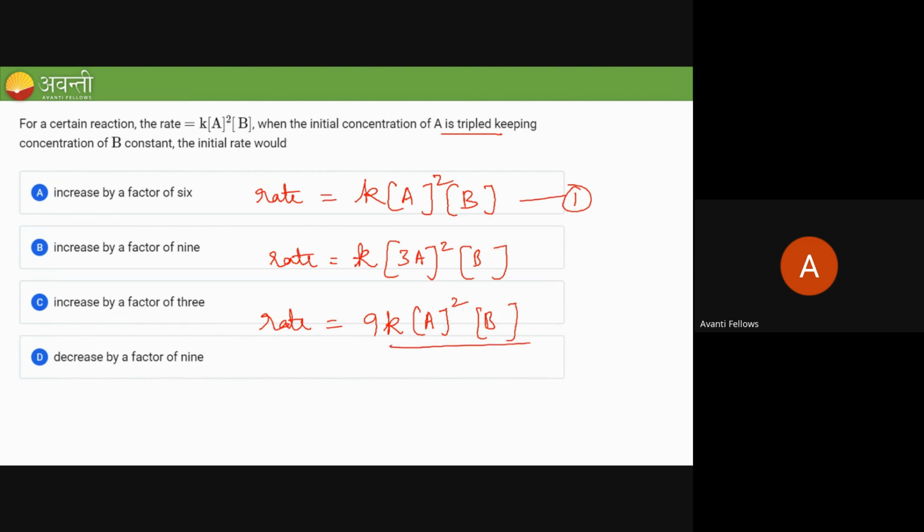This is the second equation, and the first equation is the original. So in the second equation, the rate is increased by a factor of 9. Initial rate would increase by a factor of 9. Answer is option B. Such an easy question. Just multiply by the thing that is given in the question, square it and get the answer.